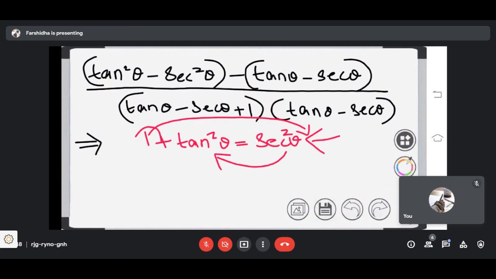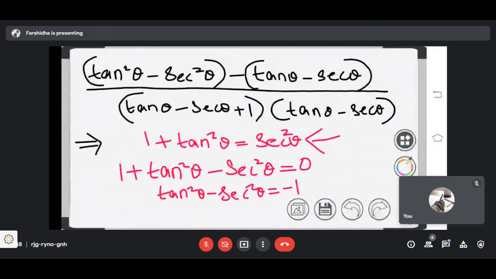Then I take this 1 to the other side, and we get tan square theta minus sec square theta is equal to minus 1.